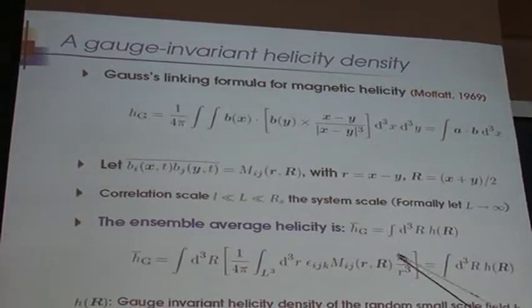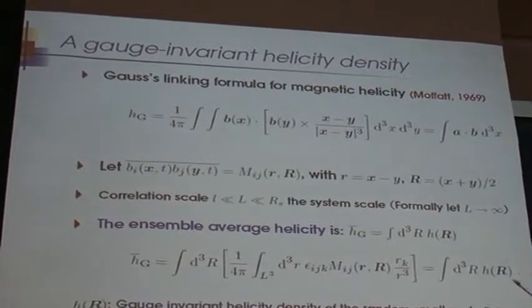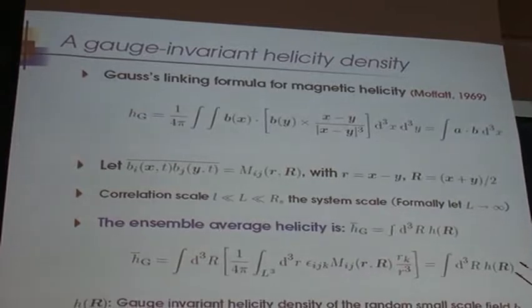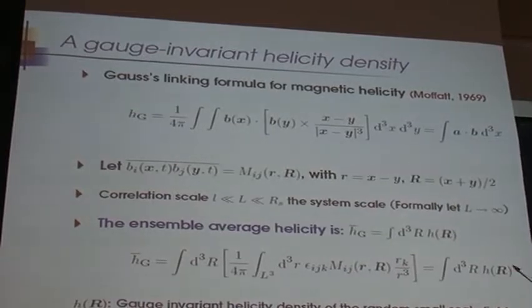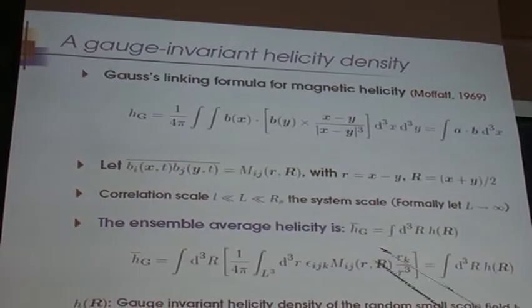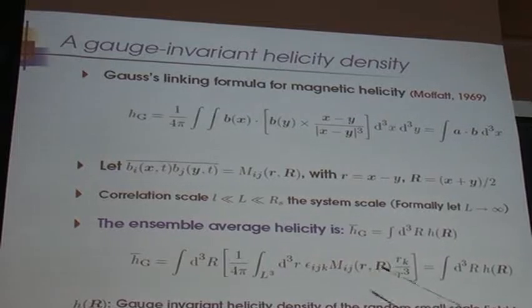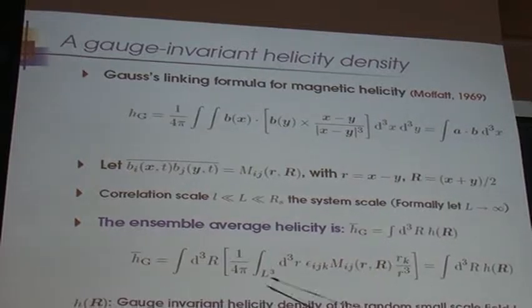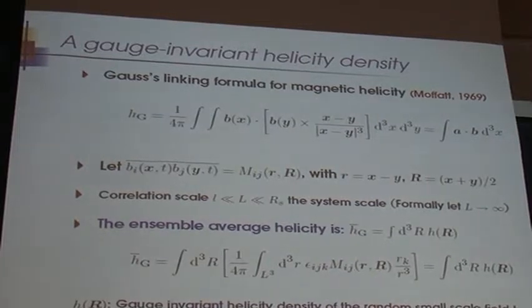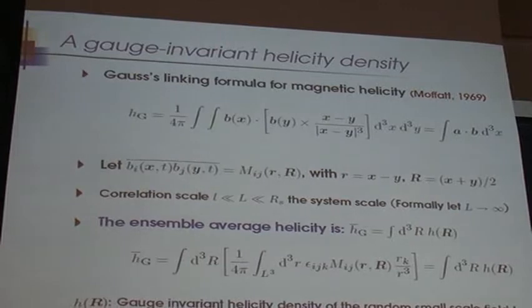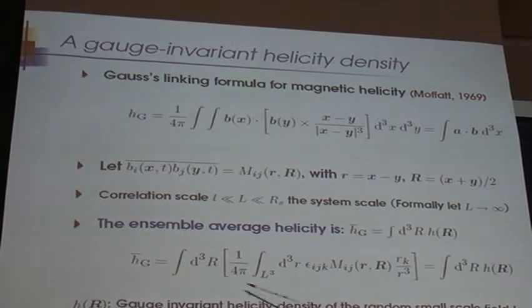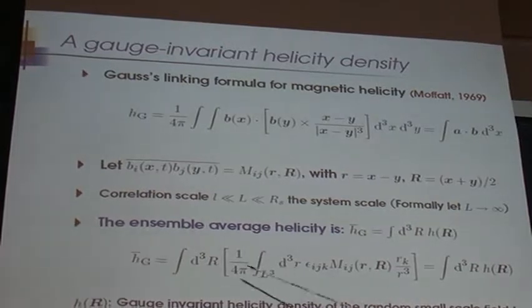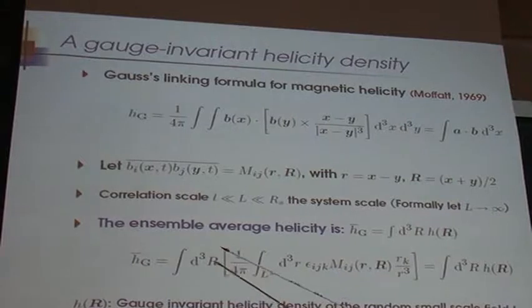This thing in the square bracket is what I define as the gauge invariant helicity density of the random field small b. And you can see in the way I have now written it, in contrast to the way I wrote it in my last lecture, that it is some density integrated over some volume element to give you the total helicity.